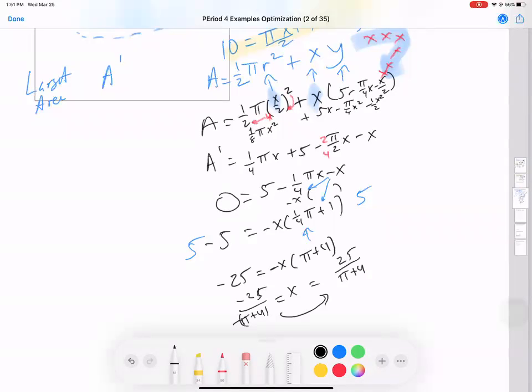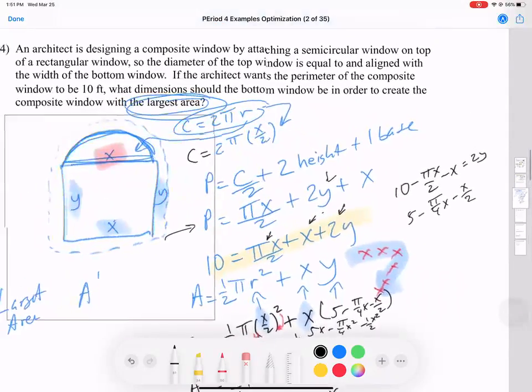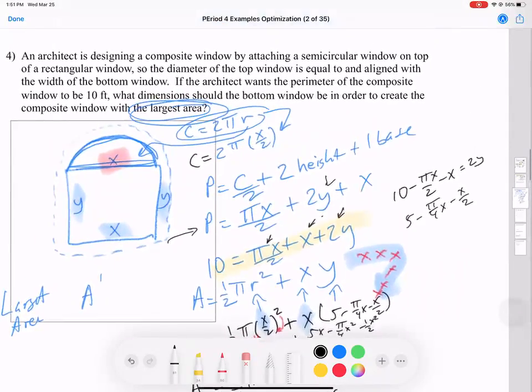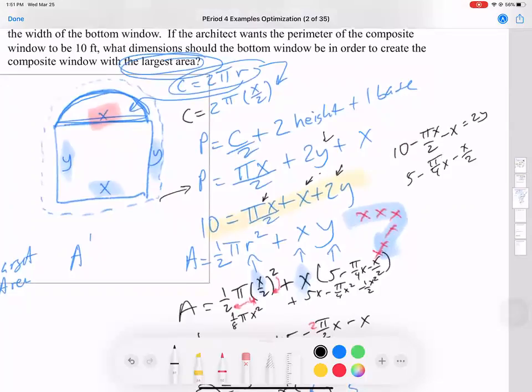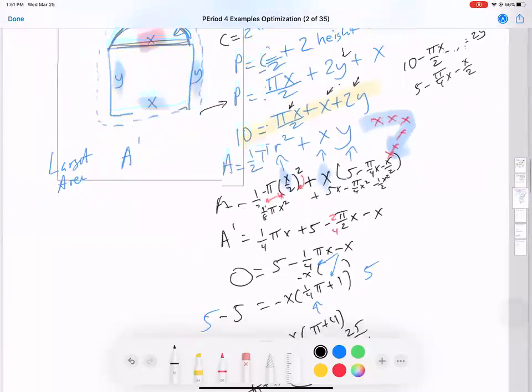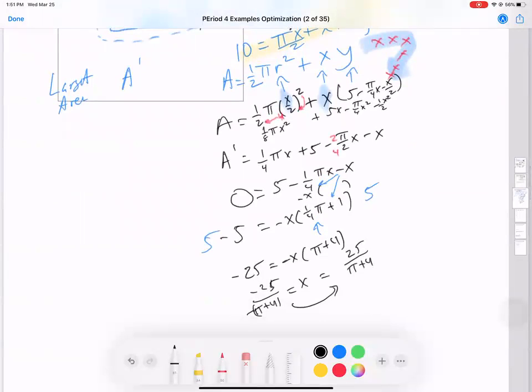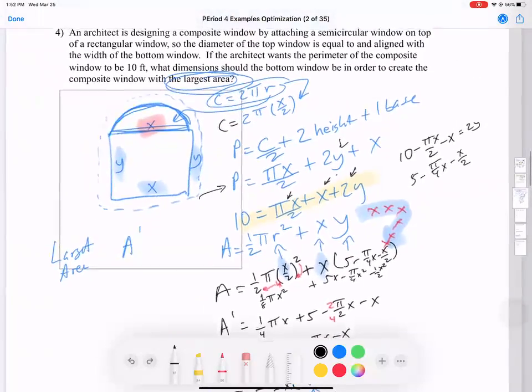Now the problem is, let's go back and read the question. The question says, create the composite window with the largest area. So what are the dimensions so that the window would have the largest area? Let me check something here.